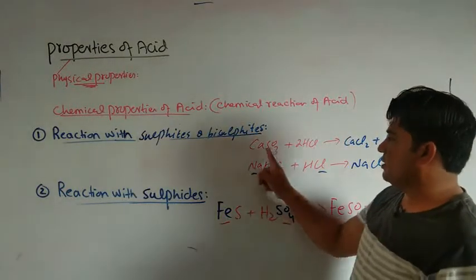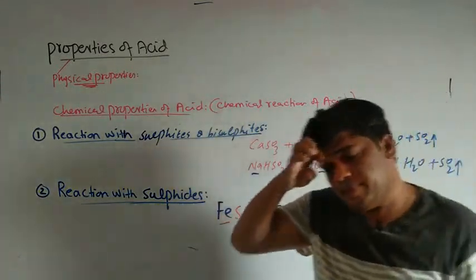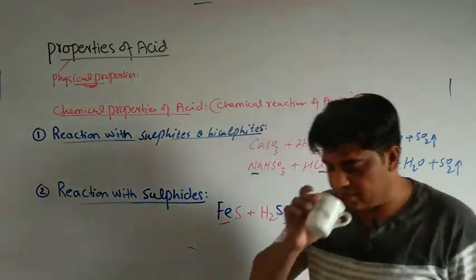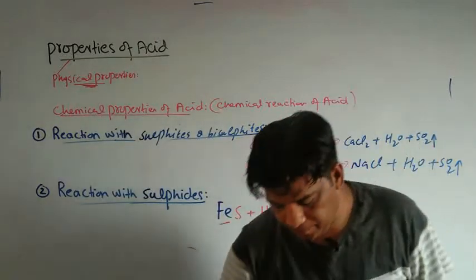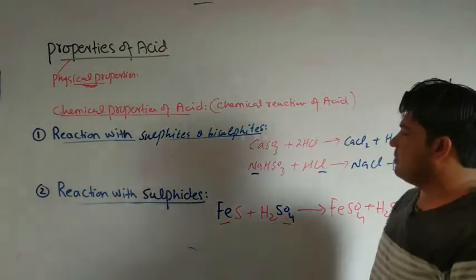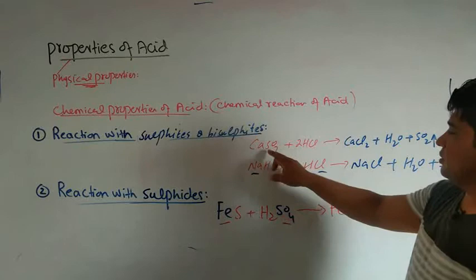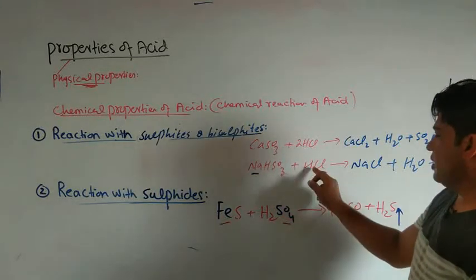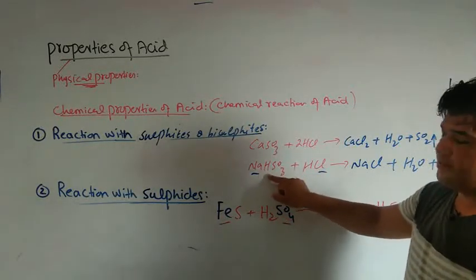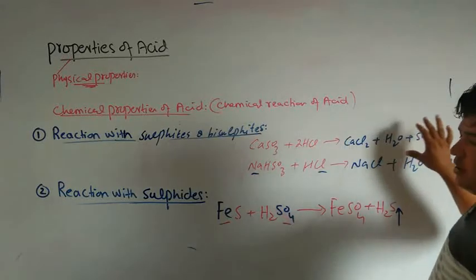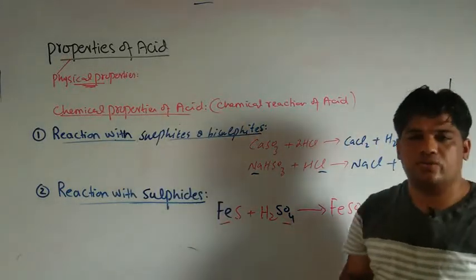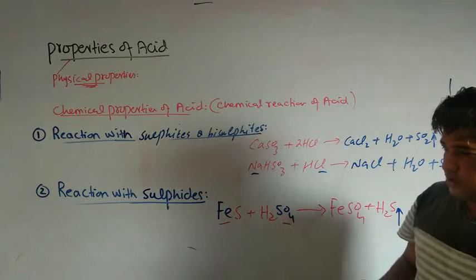So that is sulfides and that is bisulfides. One is sulfides, another is bisulfides. Acid react with sulfides, acid react with bisulfides, and they evolved a gas named as SO2 gas.